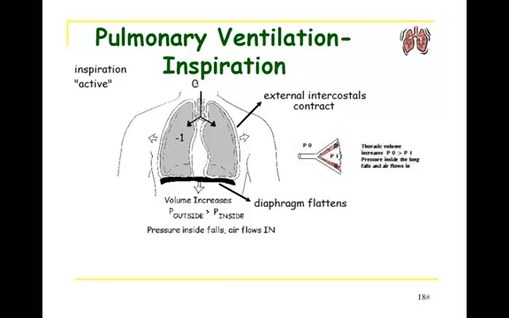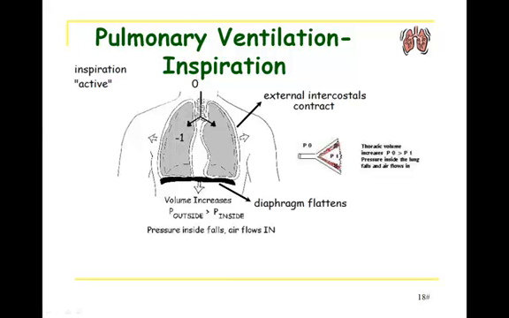Here we've got atmospheric pressure, just as a reference, at 0. In the lungs, it's going to be less. So here's your negative pressure breathing. It's going to be subatmospheric, which will allow air to move down into the lungs. It follows a gradient, so you'll have air flow into the lungs.